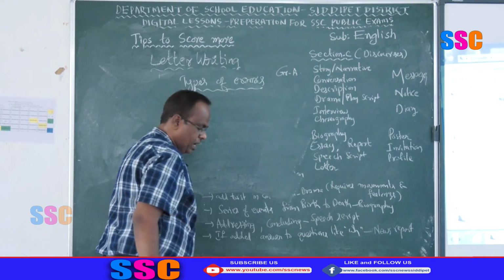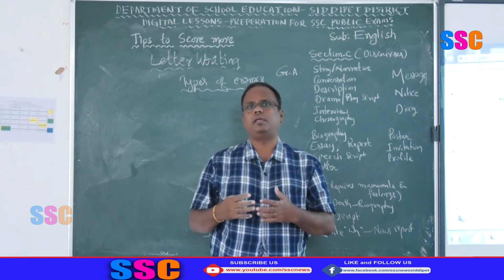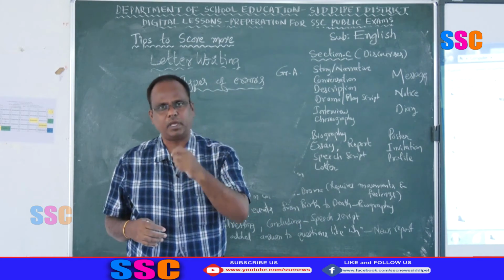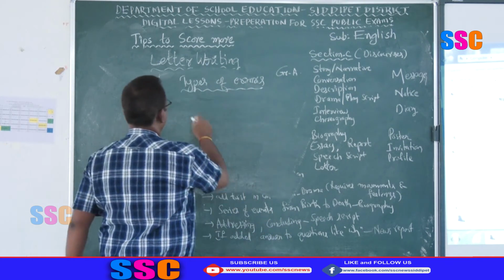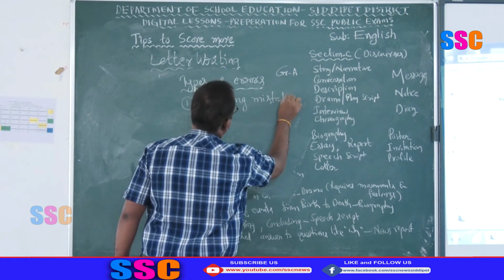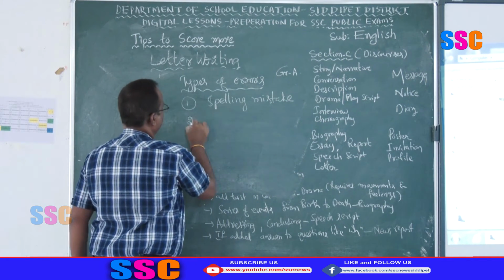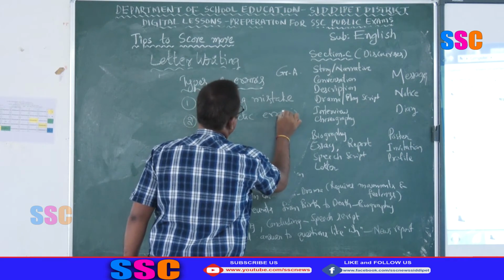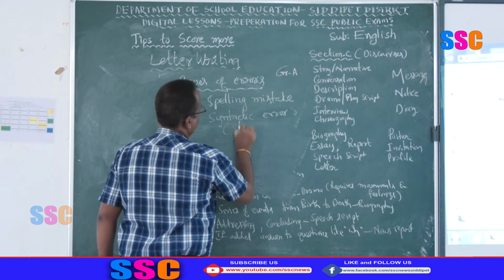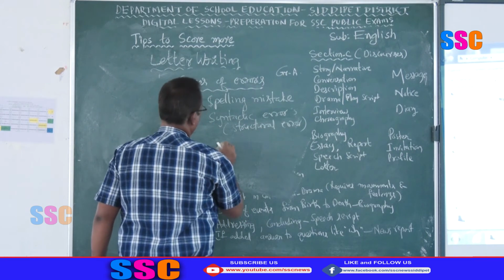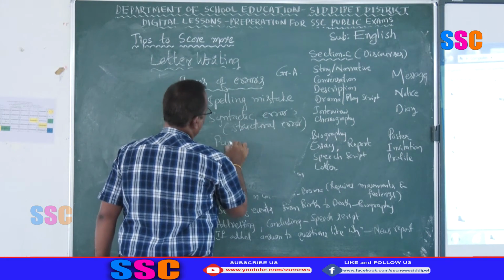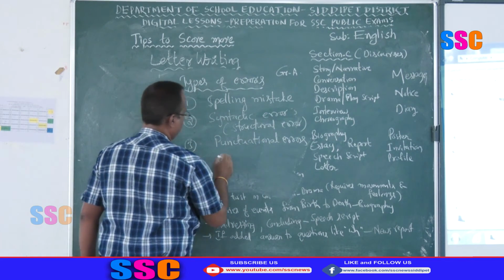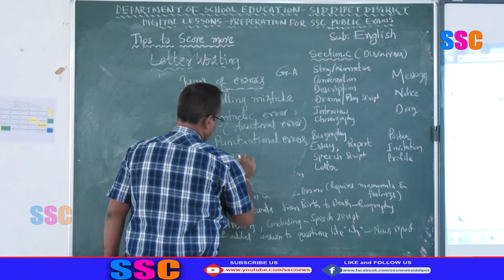The types of errors that a student mainly makes: number 1, spelling mistake; number 2, syntactic error, that I can say structural error; number 3, punctuational errors; and number 4, semantics.